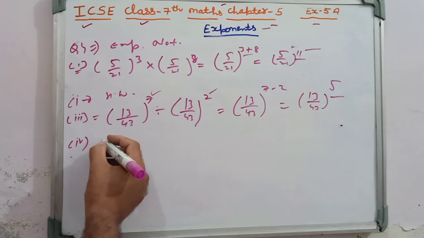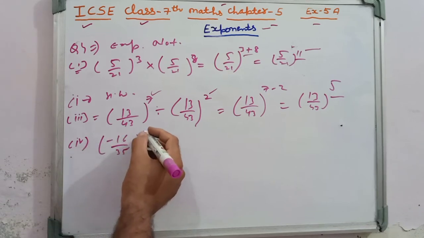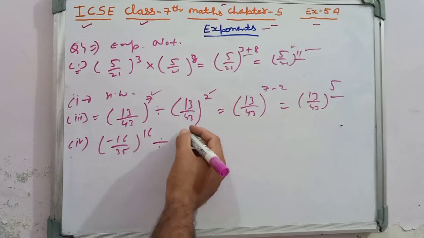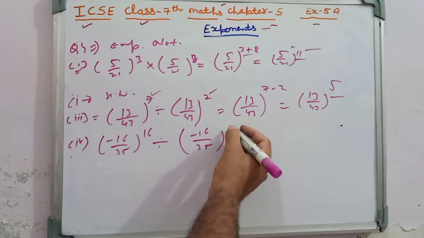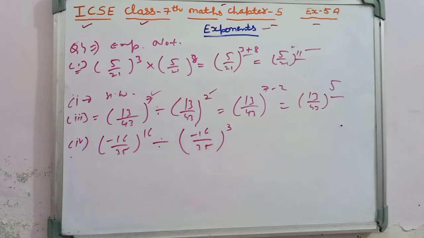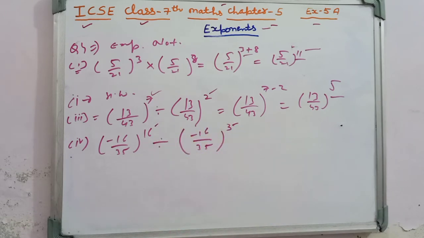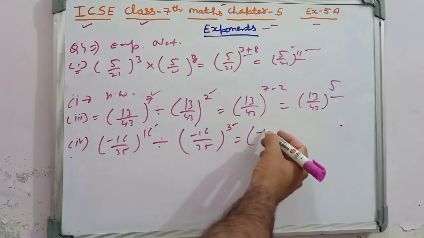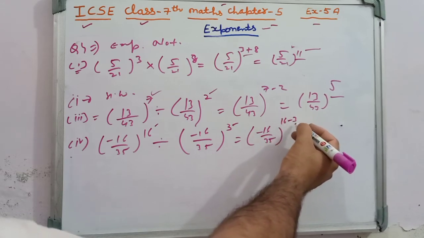Now part 4 is minus 16 upon 35 raised to power 16 divided by minus 16 upon 35 raised to power 3. This is smaller, this is bigger, no problem in it. So our answer will become, base is same, 35, 16 minus 3.